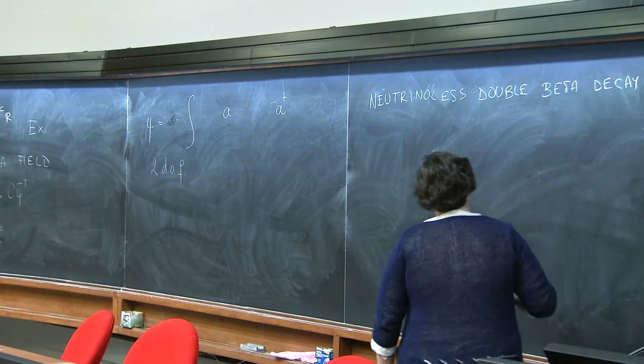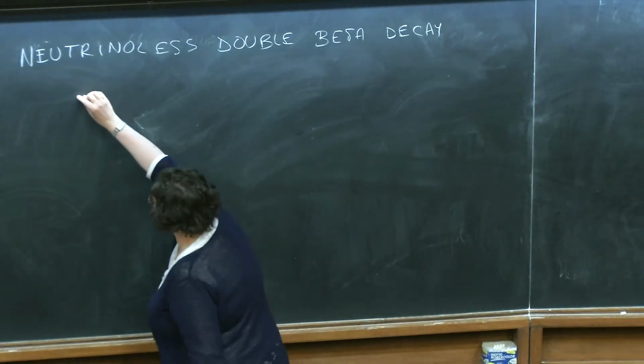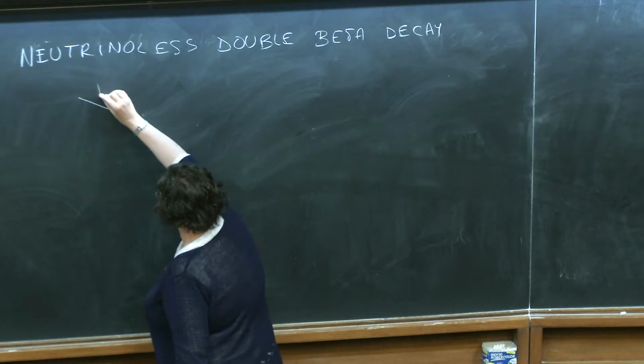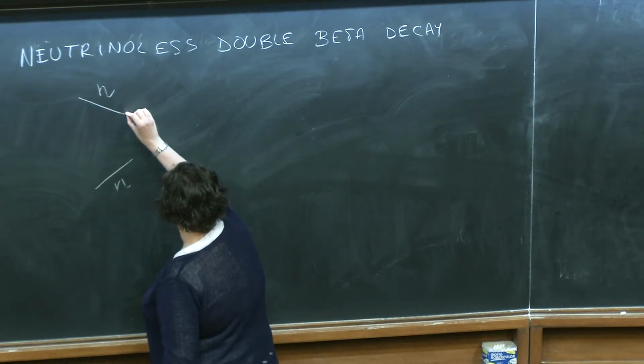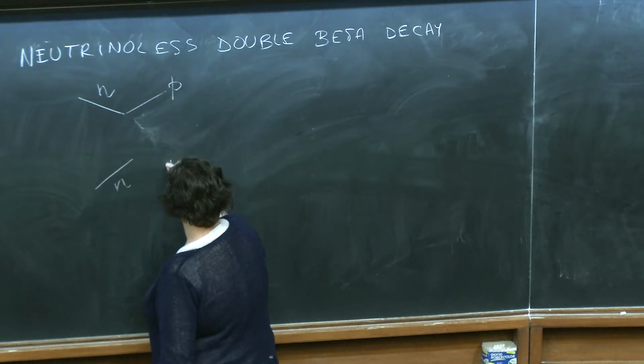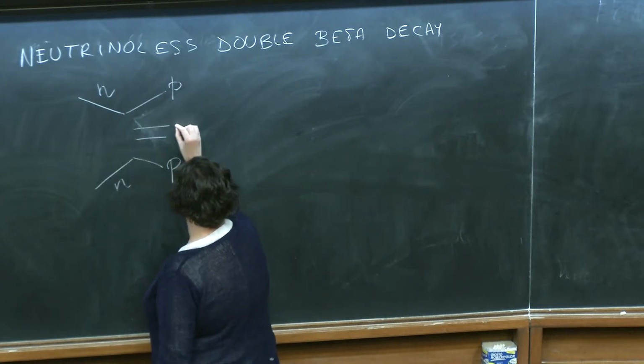So what do we mean with this process? This is when, in a big nucleus, you have that simultaneously 2 neutrons decay into 2 protons and 2 electrons.